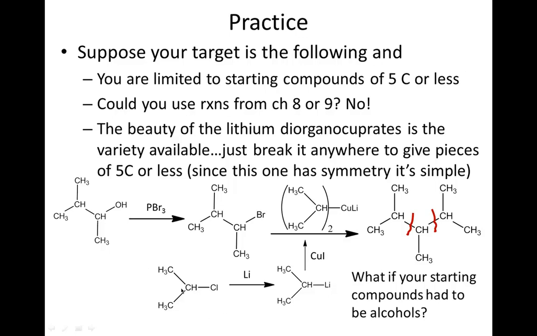And for this secondary, again, it's not too crowded. For the chlorine, we had another reagent, and that was thionyl chloride. So now if your synthesis problem says that you have to start with alcohols of 5 carbons or less, you have all the tools that you need to be able to do that, and this is what a synthesis problem would look like when you got done with it, where you had this as your target molecule.